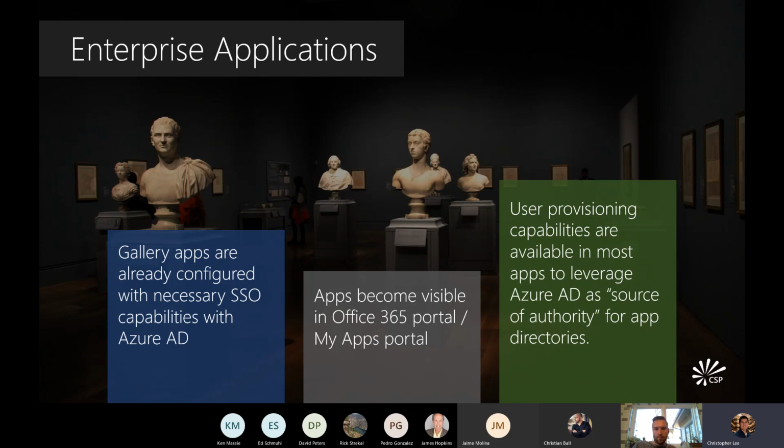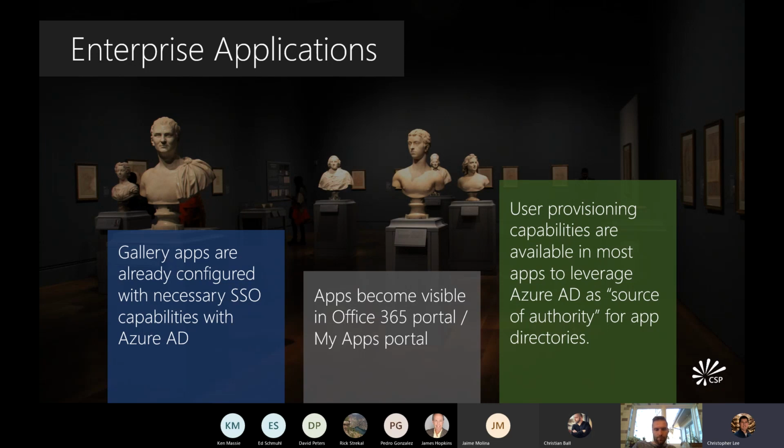And even when there is an app, let's say you stumble across a small third-party SaaS app and it's not in the gallery, Microsoft is actually pretty good at adding new apps all the time. So if you submit that app to Microsoft, you can submit it through Azure, a request or a help desk request or a support ticket through Azure. I think there's also a documented way you can do it through the Microsoft public website.